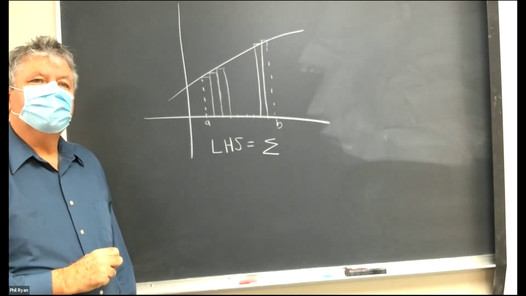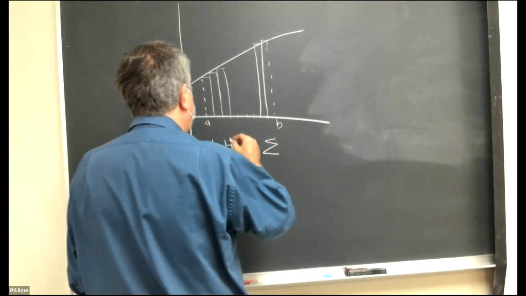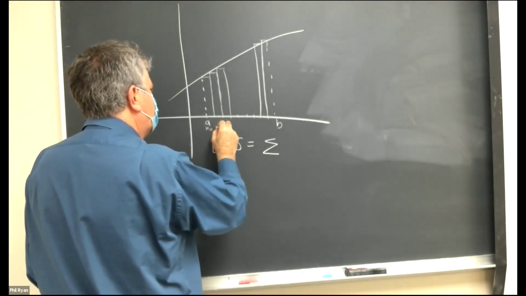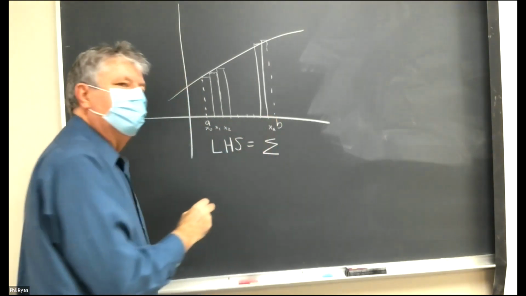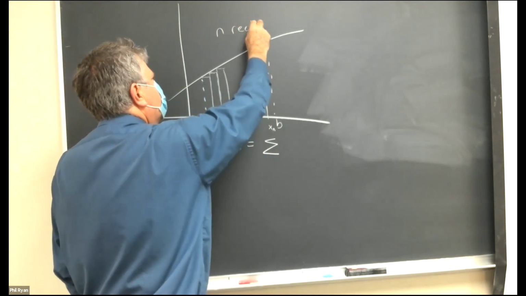That sigma tells us it's a sum, and this is maybe x0, x1, x2, all the way to xn, because we've got n rectangles.